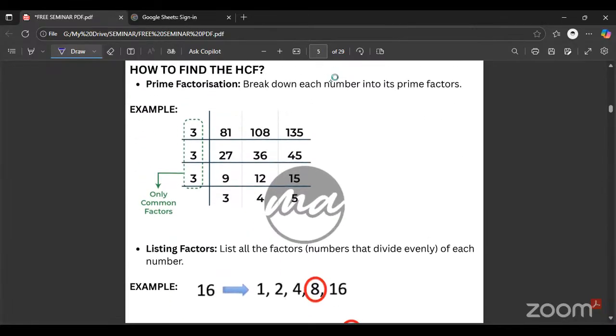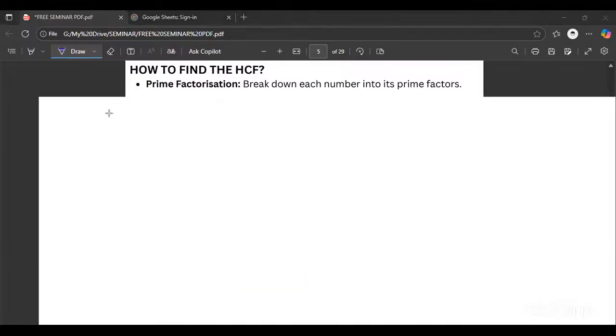So here, the first way of finding HCF is prime factorization. This is also like the same thing which we did now, but a bit different. Let me show you how we work this out. Assume that I give you a question like 35 and 28.